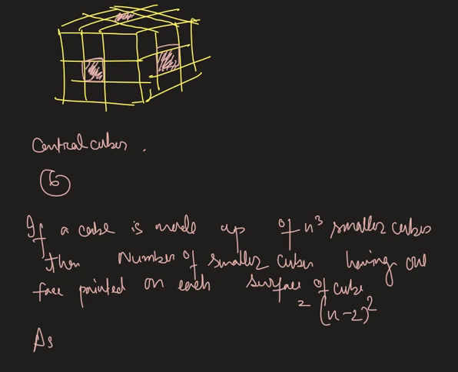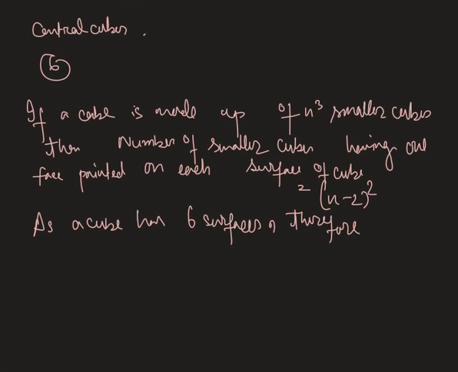As a cube has 6 surfaces, therefore our required number will be 6 into (n minus 2) whole square.